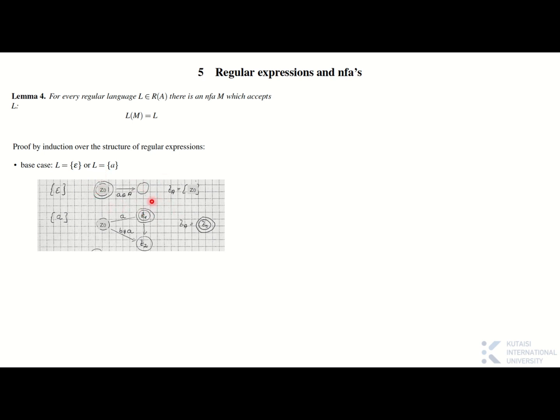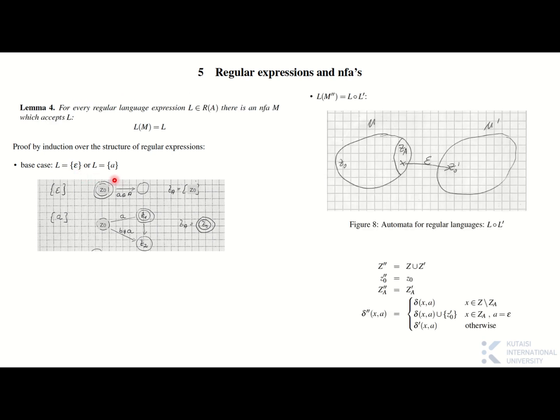We constructed it here. And now what we have to do, as we discussed before, is we have single letters, we have epsilon. Now I have to construct a union, concatenation, and a star, and I'm done, because this is all regular languages are.